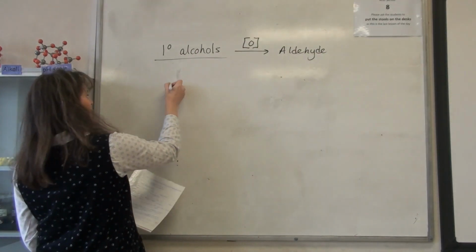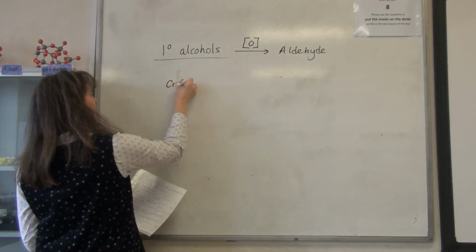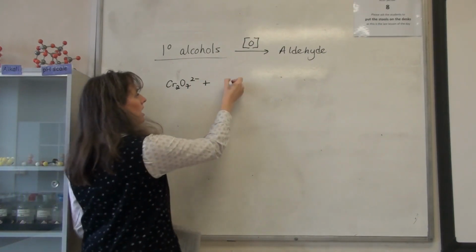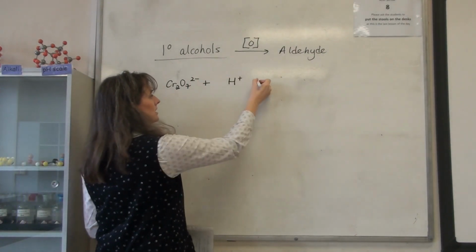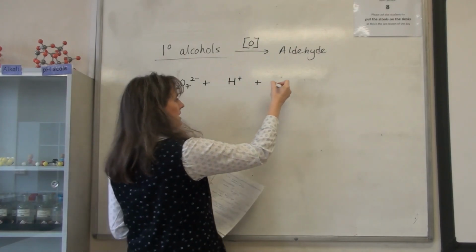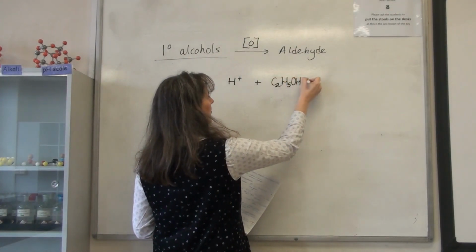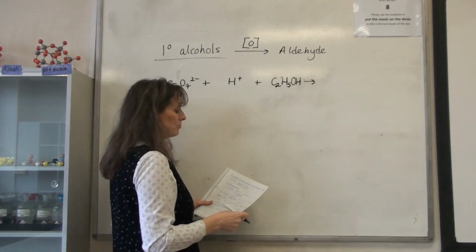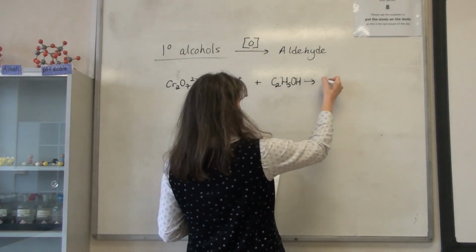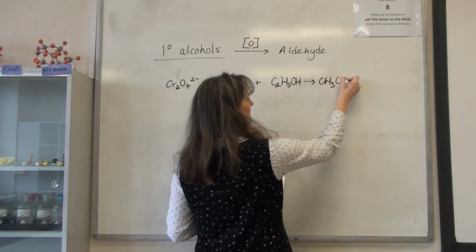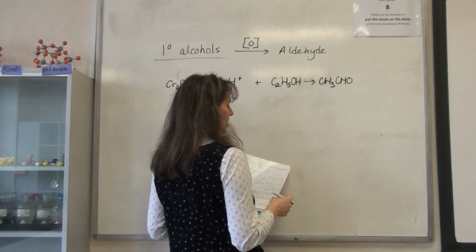So I'm going to use the dichromate. And we require hydrogen ions, and I'm going to use ethanol, and the products of that, the organic product of course, is ethanal that we're looking at the moment.